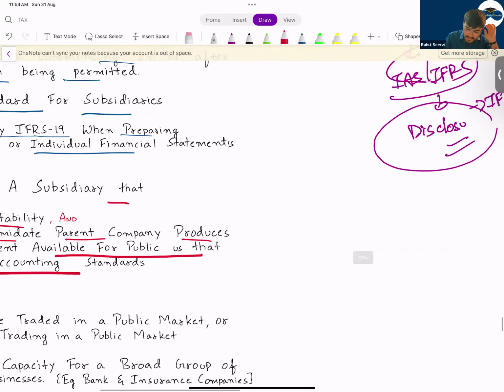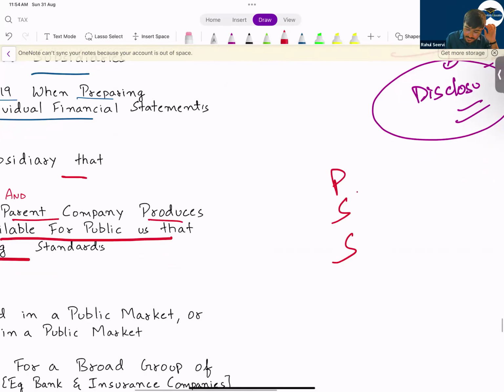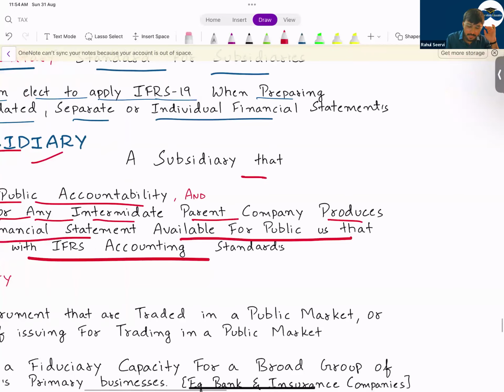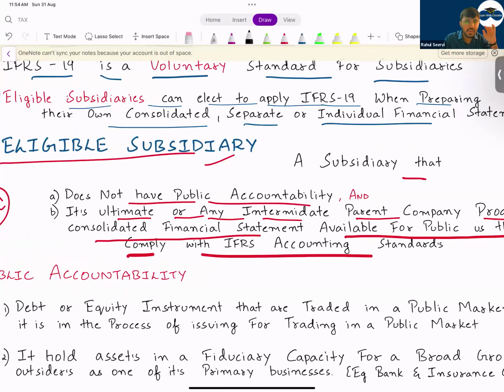That means if a parent company is itself a subsidiary, this subsidiary need not prepare consolidated books when the ultimate parent does. So same way here also. Now, to be an eligible subsidiary, it should be what, sir? Public accountability should not be there. When will you say public accountability will not be there?